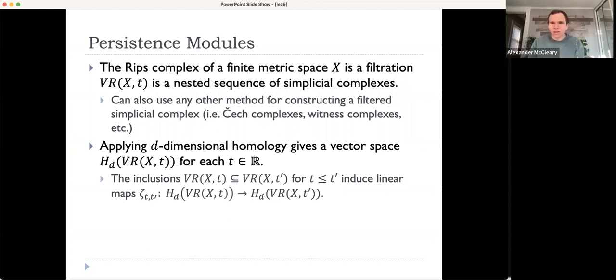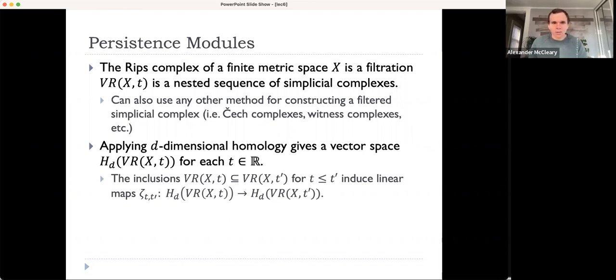So these inclusions are actually simplicial maps. And homology doesn't just associate a vector space to each simplicial complex, it also associates a linear map to each simplicial map. And so all those inclusions are simplicial maps, so those inclusions are going to induce linear maps.